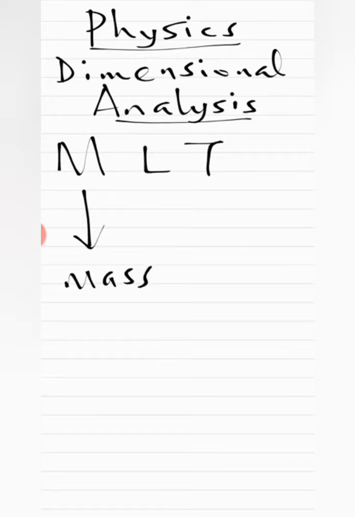There are so many ways to go about dimensional analysis, but we shall make use of the MLT system in today's video, whereby the M stands for mass, the L stands for length, and of course the T stands for time.